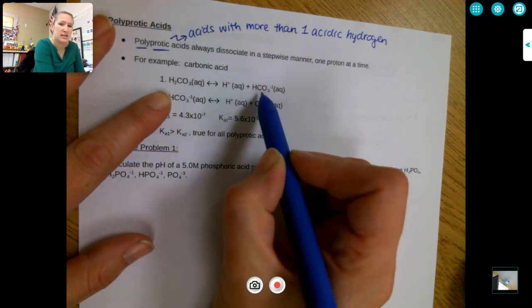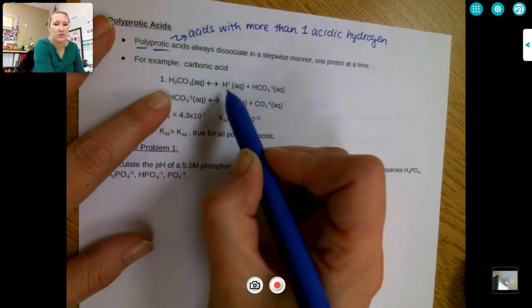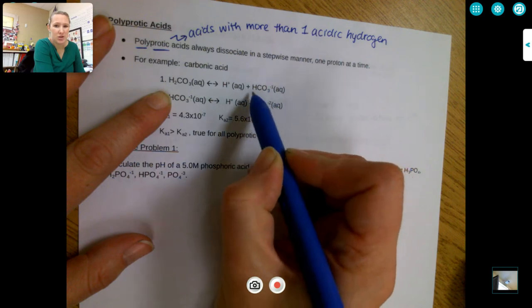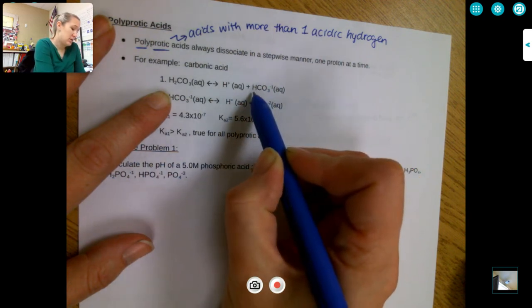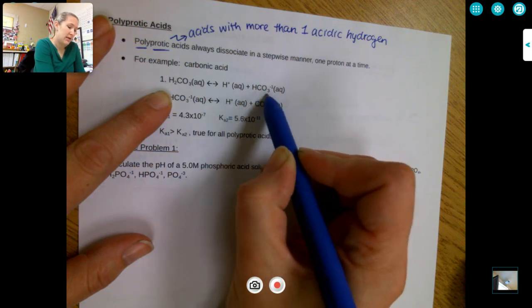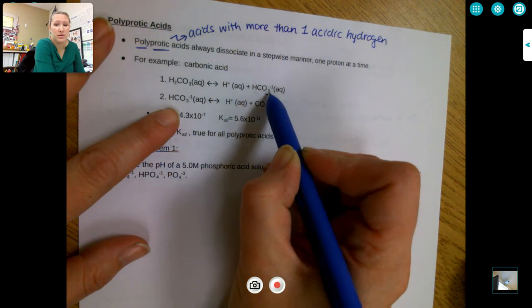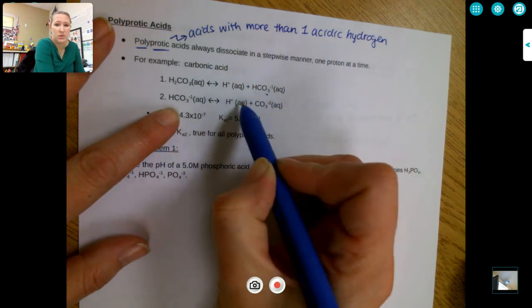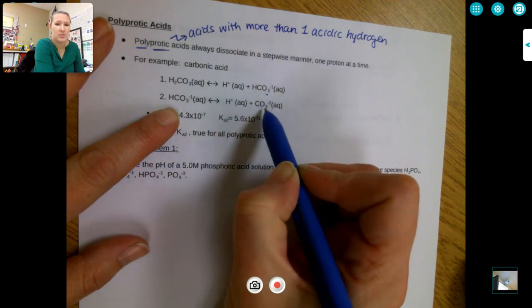I have my hydrogen ions, and remember that has a positive charge, so if I lose it, I'm going to get a negative charge on what's left because I've lost a hydrogen ion. Now I have just one hydrogen left here. Then in another equation, this hydrogen can also pop off and dissociate, and I'm just left with my carbonate ion.